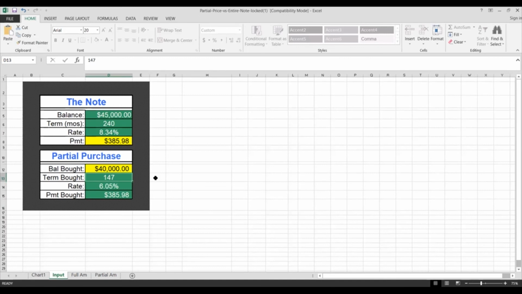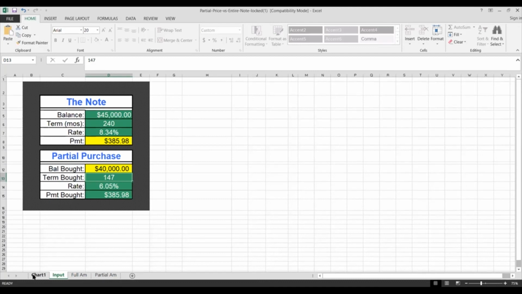Yeah, 147. So you're going to assign 147 payments, and you've got 240 payments left. Remember, you purchased this note for 40,000 and you now are selling 147 payments to get your full 40,000 back, so you can go invest in another note.